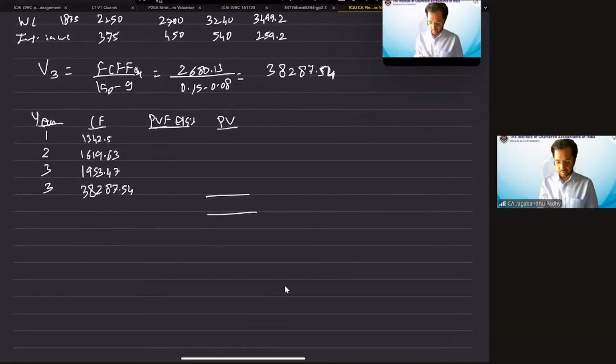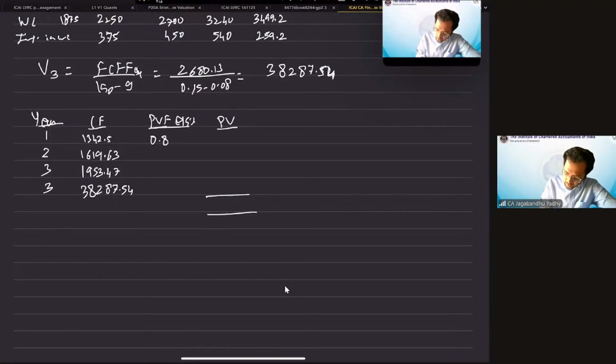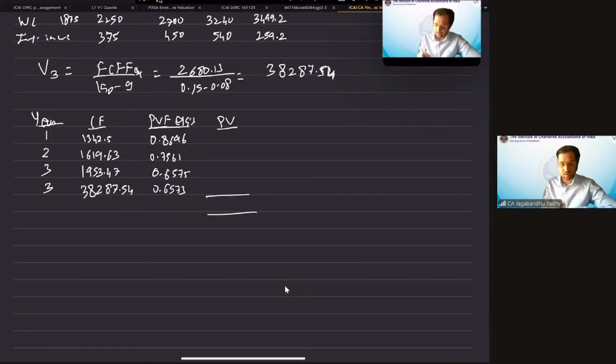Okay, take the PV factors. 0.8696. Second year it is 0.7561 and then third year it is 0.6575. Right, multiply it and give me the total.